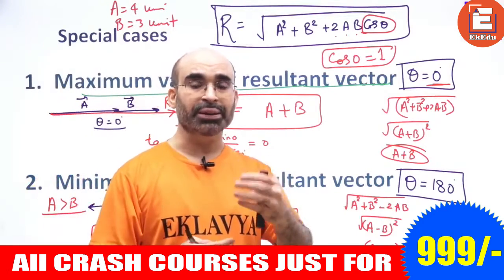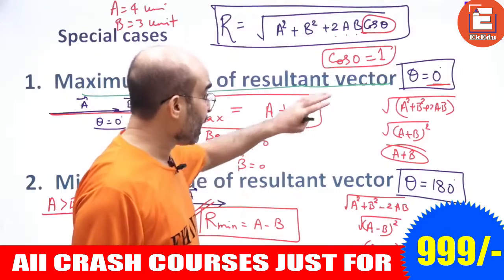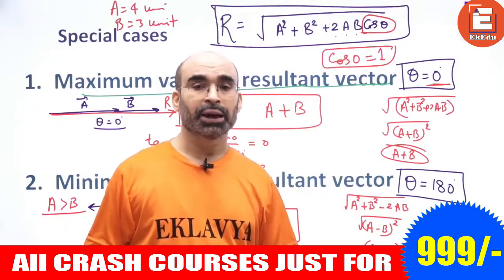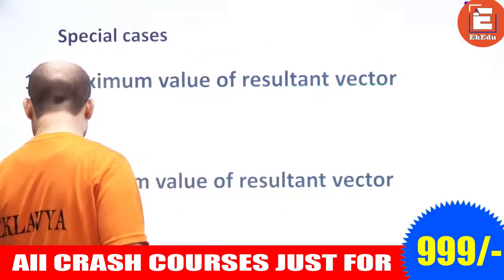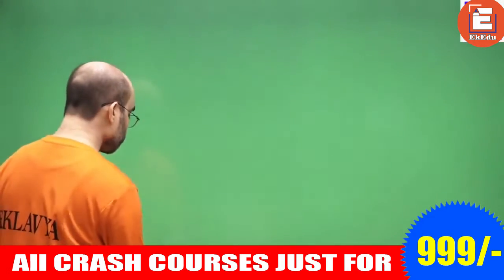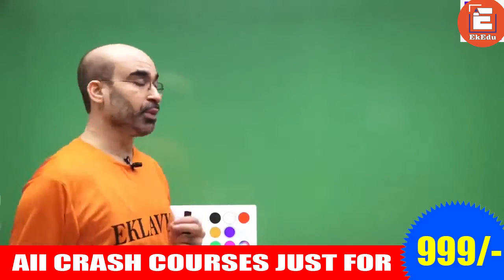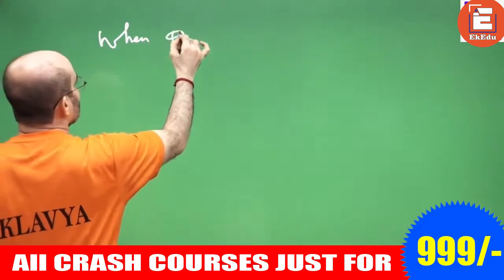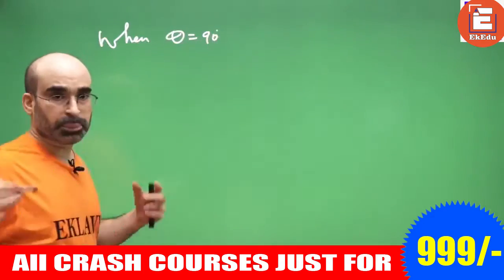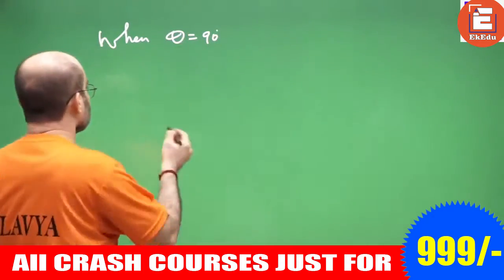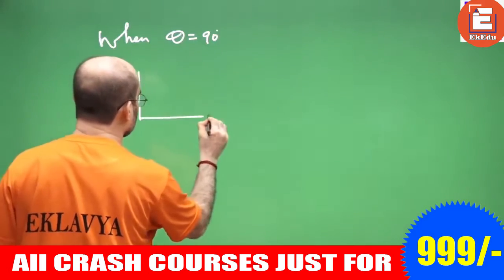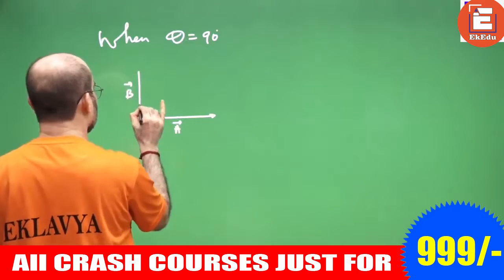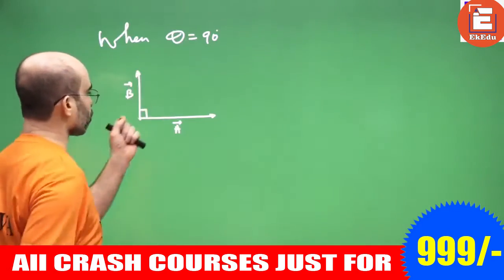Now there is another case. Any value can be there between 0 to 180 degree. Right now let us talk about when theta equals 90 degree. It can be any angle. In this scenario, this is vector A and this is vector B. If they are perpendicular, then what will be the resultant?